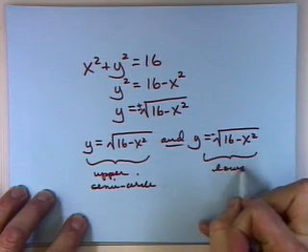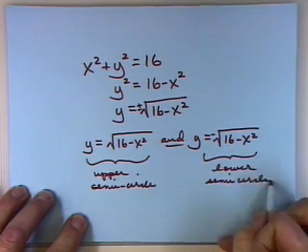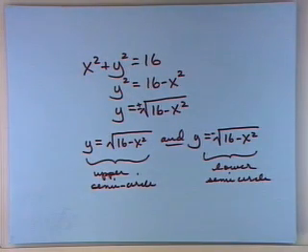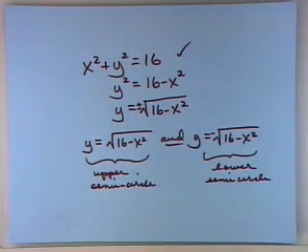This is the lower semicircle, right? So we can talk about circles. Maybe we don't want to talk about the whole circle, but we can talk about the upper half as a function. It is a function. And the lower half as a function. And if we talk about the whole thing, we want both parts together. That's even easier. We can use this guy right here to talk about that.